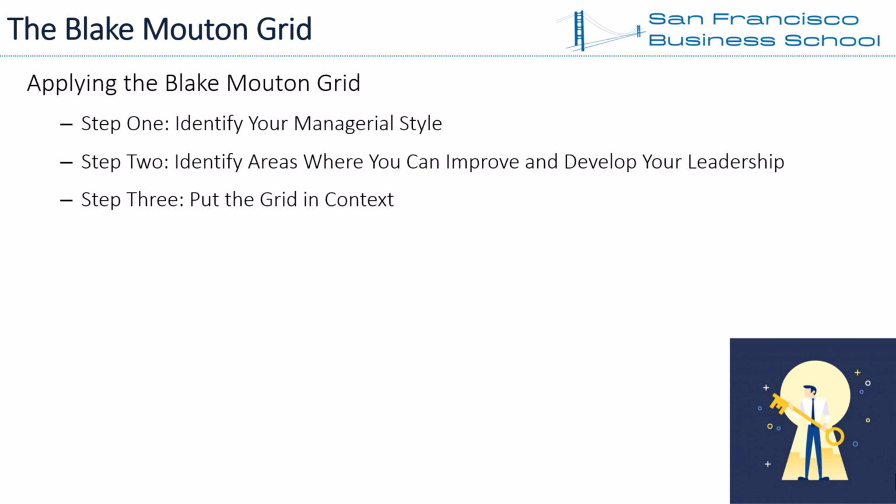Step 3. Put the grid in context. The team management style is often the most effective approach, but there are situations that call for more attention to one area than the other. For example, if your company is in the middle of a merger or some other significant change, then it can be acceptable to place a higher emphasis on people than on production, to guide them and reassure them through a potentially difficult time.